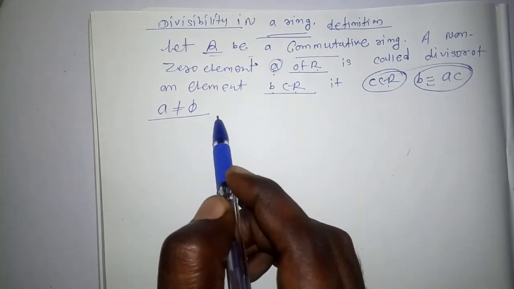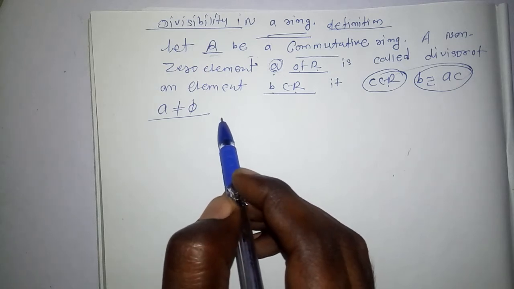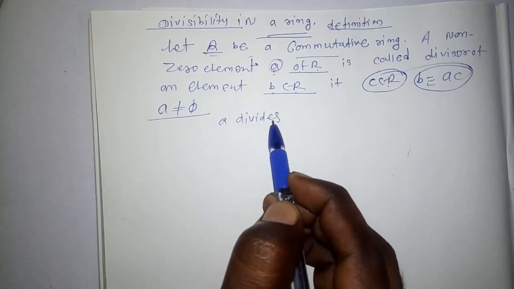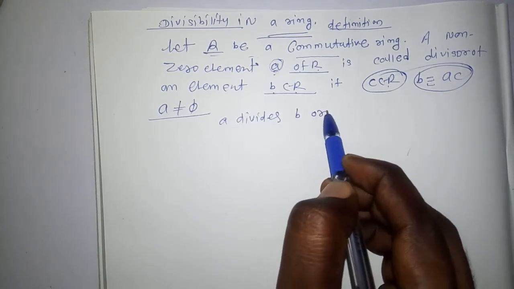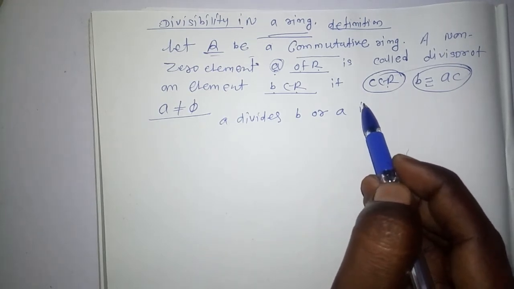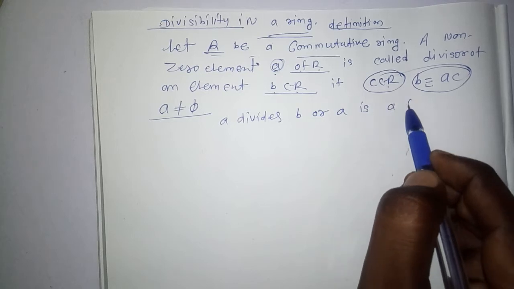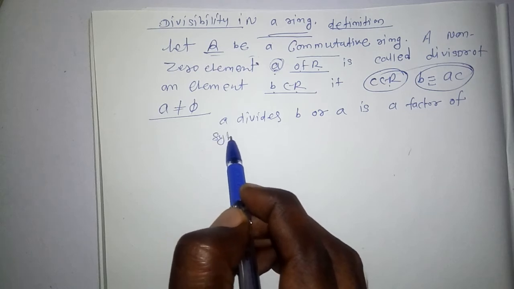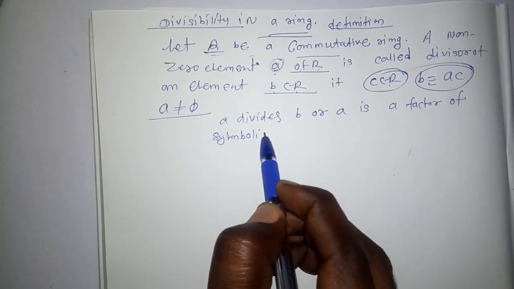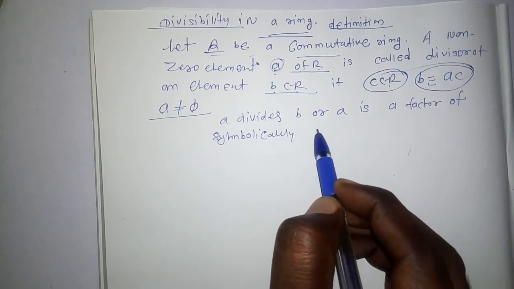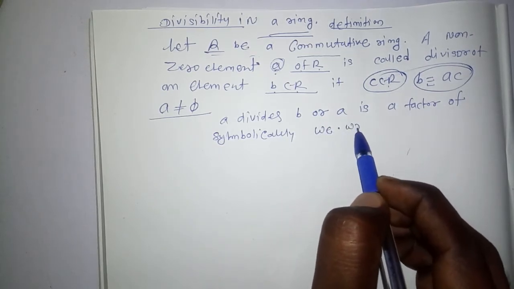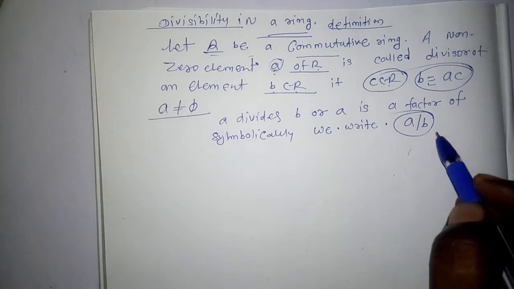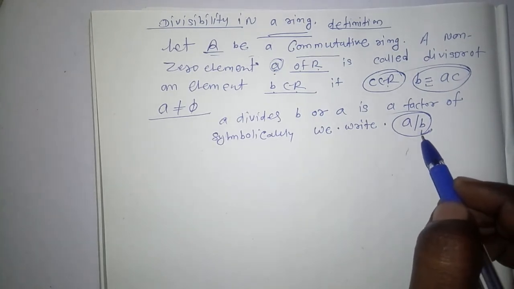Then we can also say that A divides B, or A is a factor of B. Symbolically we write this as A divides B.